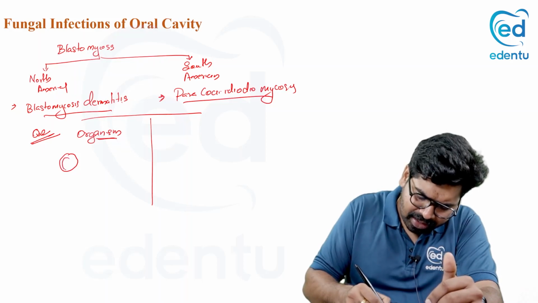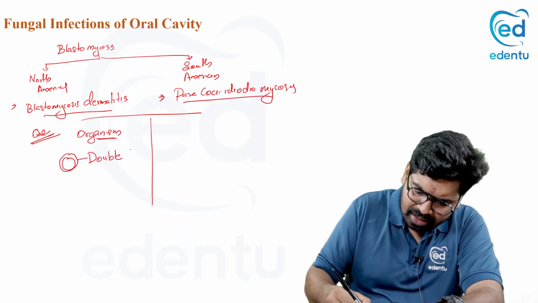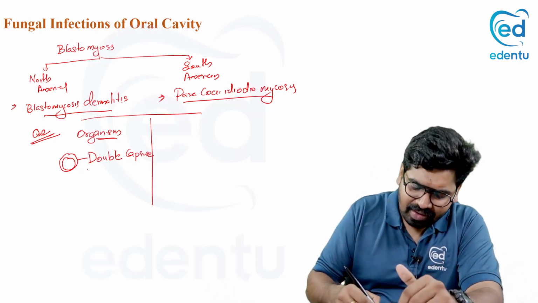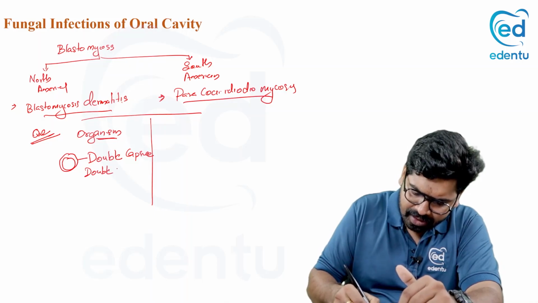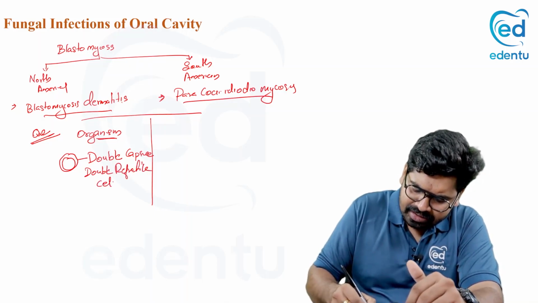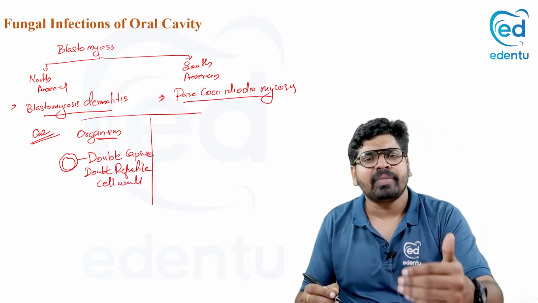In North American blastomycosis, we have a double capsule, or a double refractile cell wall, seen in Blastomyces dermatitidis.